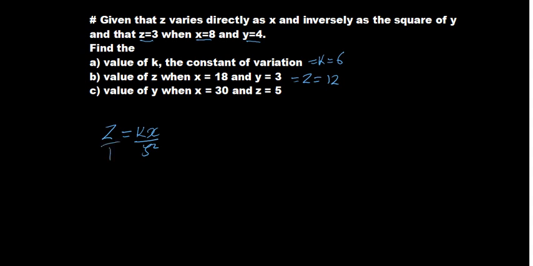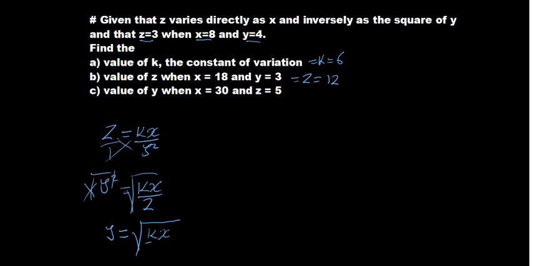We do the cross multiplication. What you're going to have is y squared is equal to kx divided by z, and what you're looking for is y, not y squared. So you need to introduce the square root on both sides. So that goes and that goes.